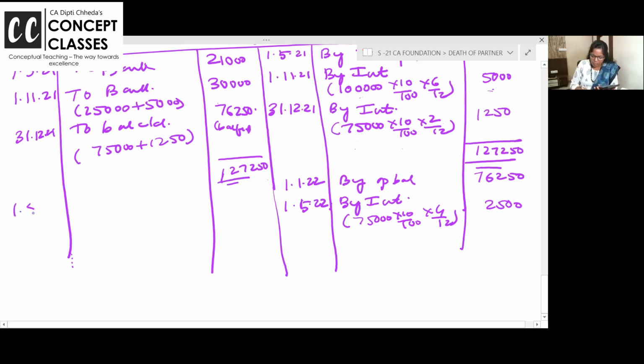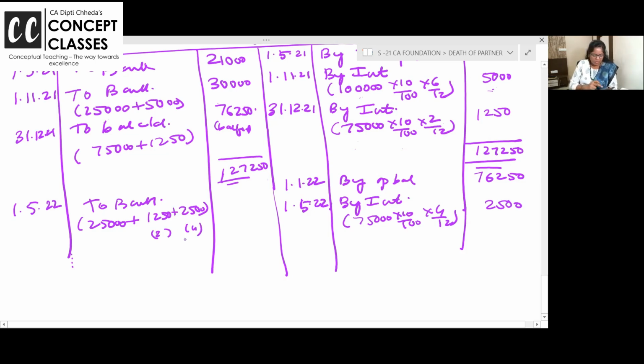Now on 1st May, is everyone in the class clear why 4 months? Because 2 months you have already accrued. Now it's time to pay the second installment of 25,000. 1,250 is 2 months interest and 2,500 is 4 months interest.